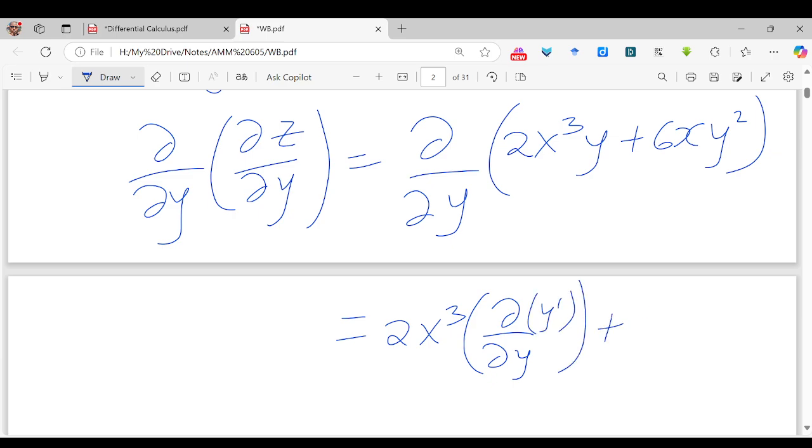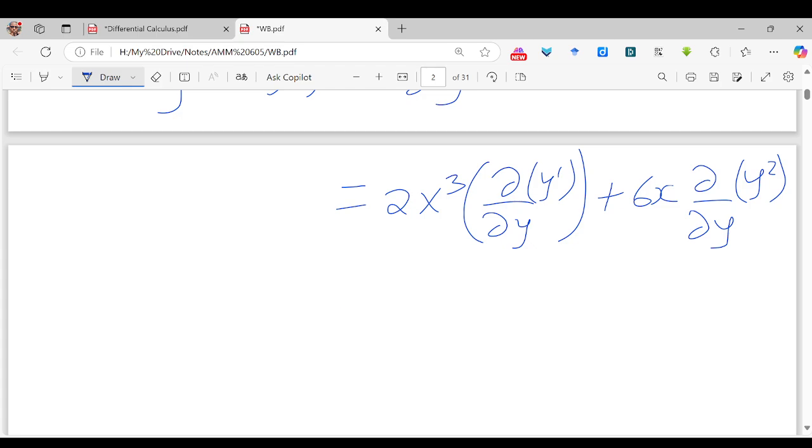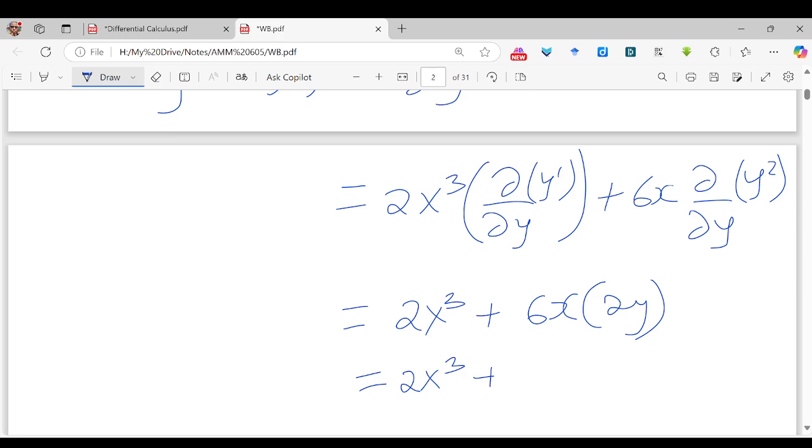And in the second term, we write 6x, then differentiate y squared. The derivative of y raised to power 1 is 1, so we get 2x cubed as the first term, then plus 6x times 2y, so that we get 2x cubed plus 12xy. This is the second order partial derivative of z with respect to y twice.